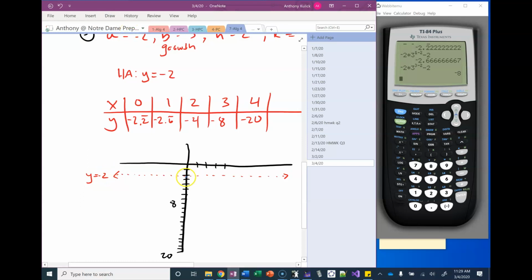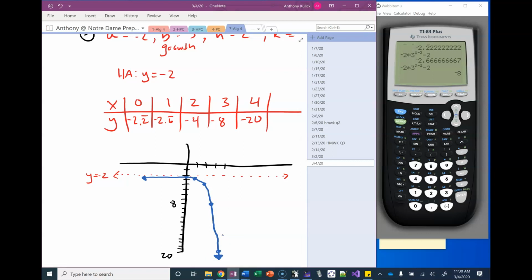So I got 0, negative 2.2, 1, negative 2.6, 2, negative 4, 3, negative 8, and 4, negative 20. So there's my graph.